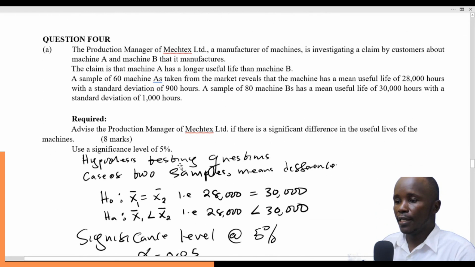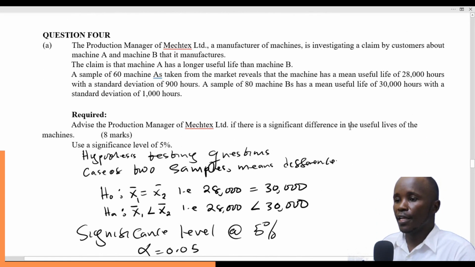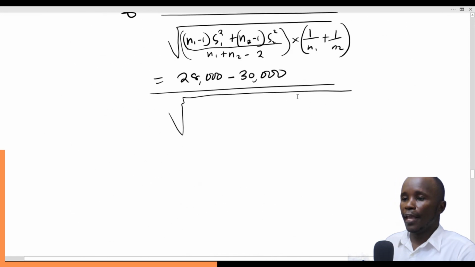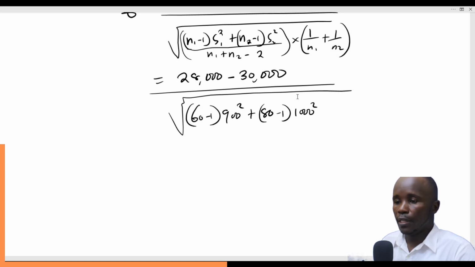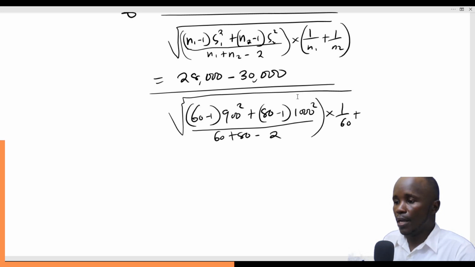They tested 60 machines A and 80 machines B. So n1 is 60, so this will be 60 minus 1, times the standard deviation of machine A, 900 hours, squared, plus 80 minus 1 times the standard deviation 1,000 squared, divided by 60 plus 80 minus 2, and then multiply the whole of this by 1 over 60 plus 1 over 80.